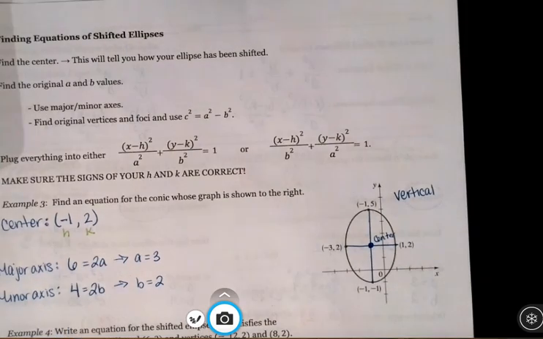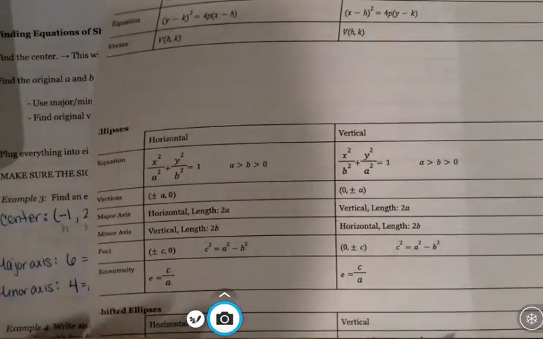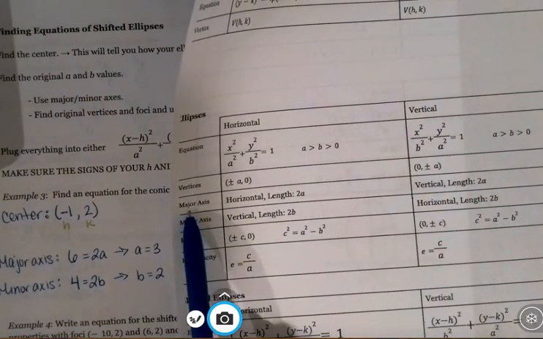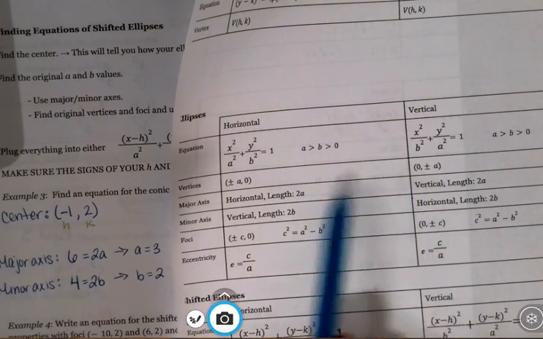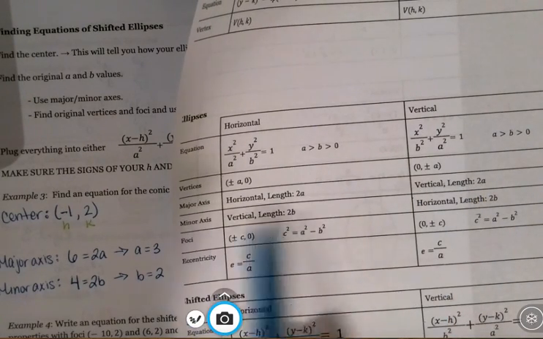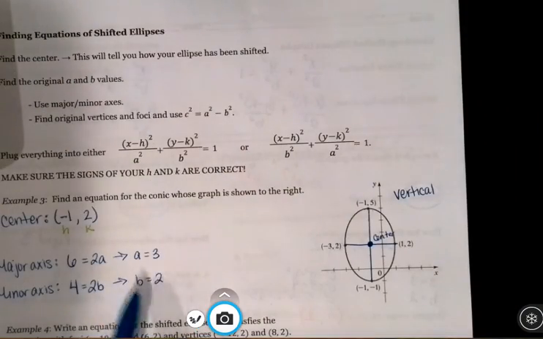And I just want to show real quick how I know this. On our formula sheet, our major axis, when we have a vertical ellipse, is also vertical with a length of 2a. Our minor axis is horizontal with a length of 2b. So that information is on our formula sheet, and that's what I'm using to get these.